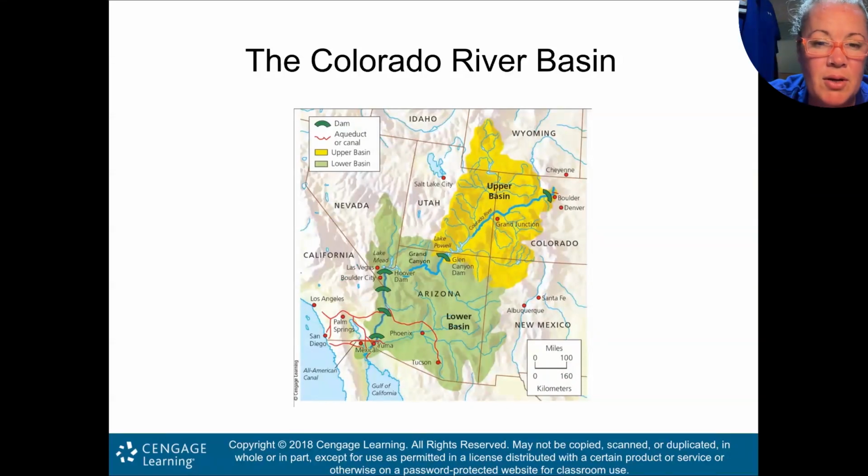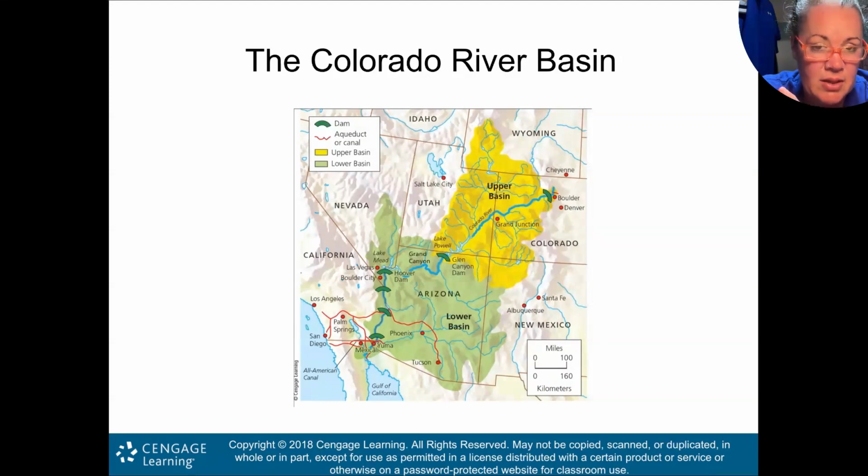And then the red lines that you see down in LA, Palm Springs, San Diego, all that's aqueduct or canaled river basin that has been dredged and kind of poured in place. So it's not meandering, it's not natural. There's not a lot of sediment that settles there because there's not a lot of friction. So it's like a concrete channel. And because it's been channelized, it does not really act like a natural river basin.